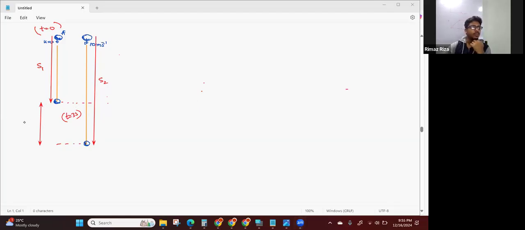Find the distance between the two balls after 3 seconds. Four, 4.5. Okay.